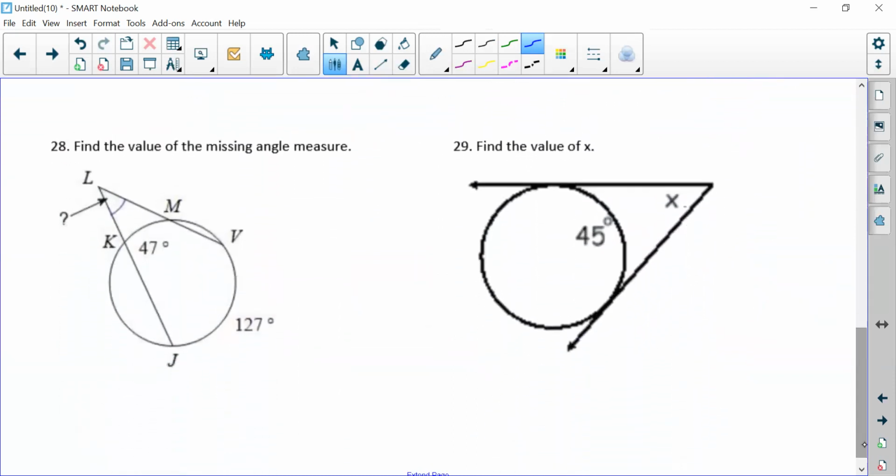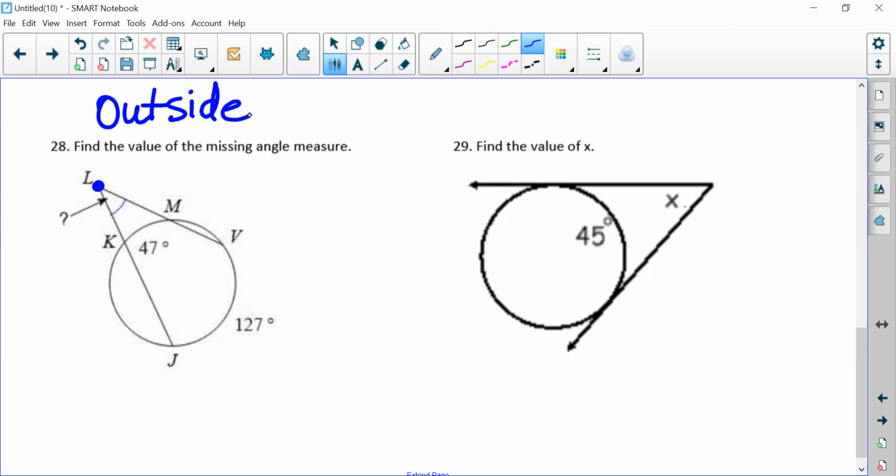All right, number 28, okay? It asks us to find the measure of the missing angle. In this case, it is angle L, okay? The first thing that we have to ask ourselves is, where is the vertex of the angle, okay? We can clearly see that the vertex of the angle is outside the circle.